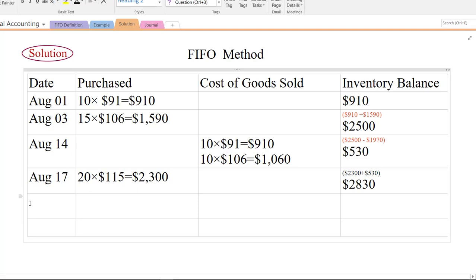First of all, let me write the date. The date is August 28. On August 28, there is a purchase of 10 units.